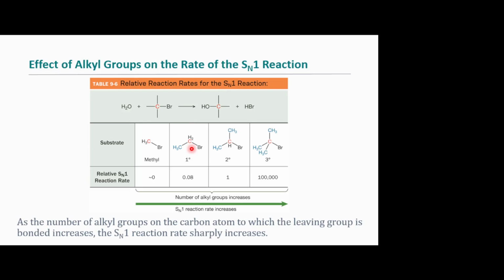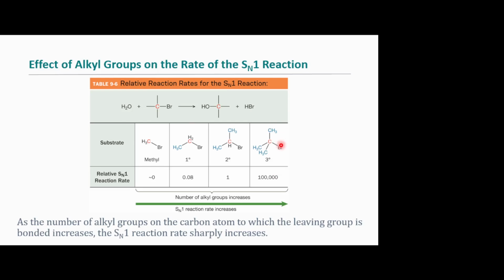A secondary was more stable, and then a tertiary, where carbocations start becoming relatively stable for a carbocation. So it actually goes in the exact opposite way as an SN2. The more alkylated that carbon is, the more likely it is to go SN1, and this will greatly increase the speed of your SN1 reactions.